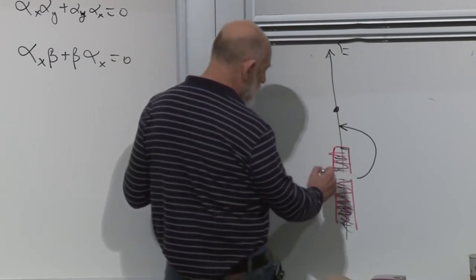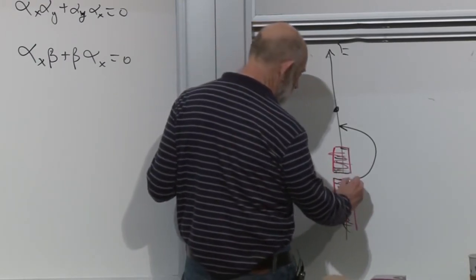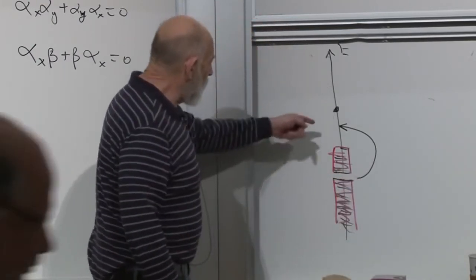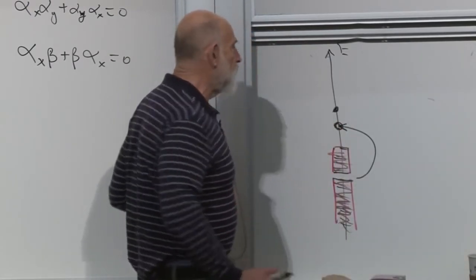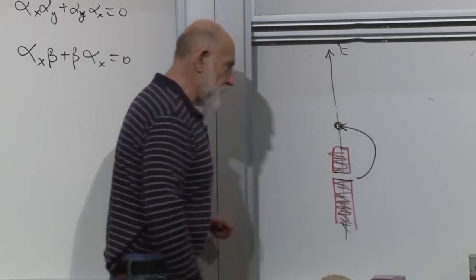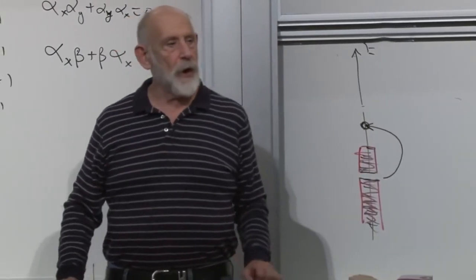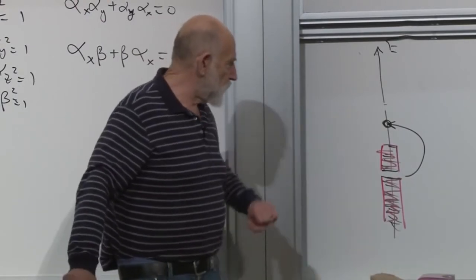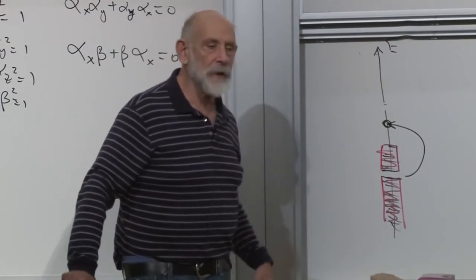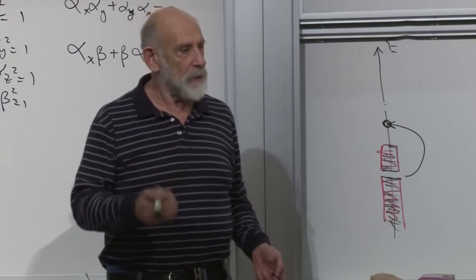You have a missing negative energy electron, but you have an extra positive energy electron. You've made a hole in the negative energy sea and created an extra positive energy electron. What is this thing over here? It's a missing electron.